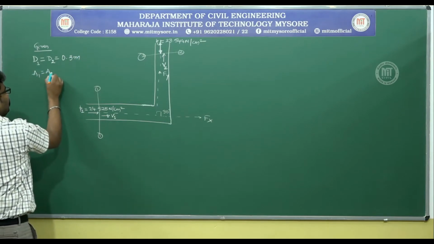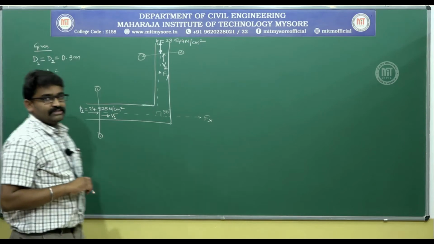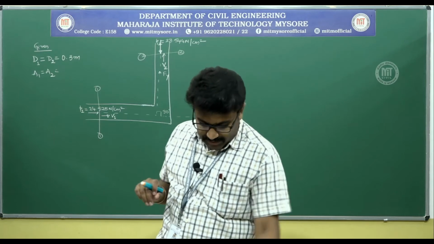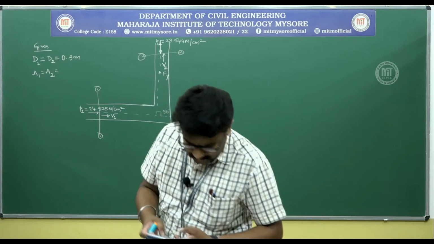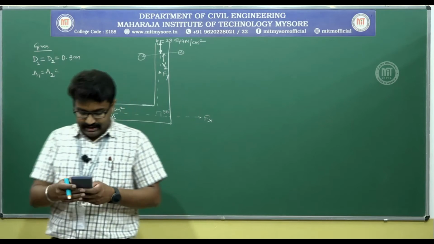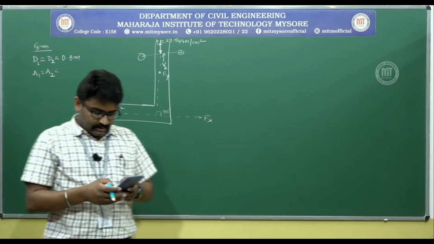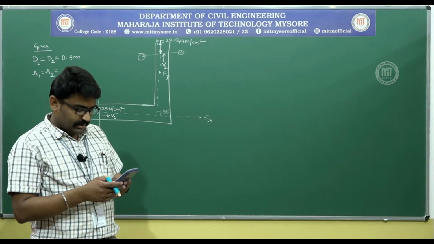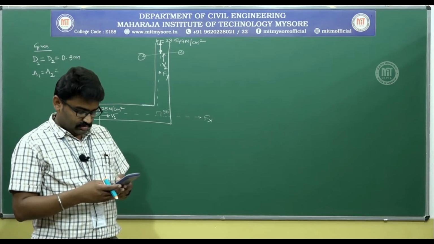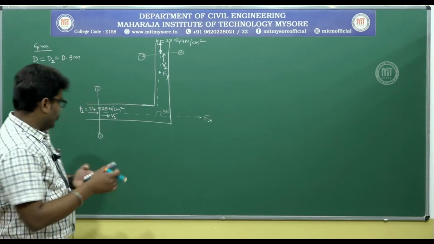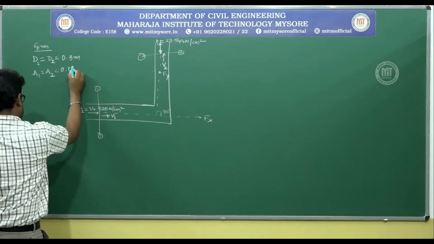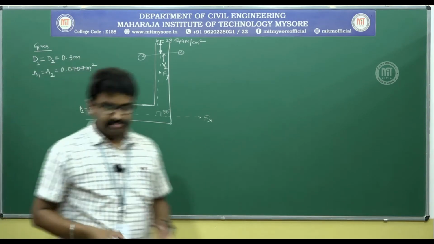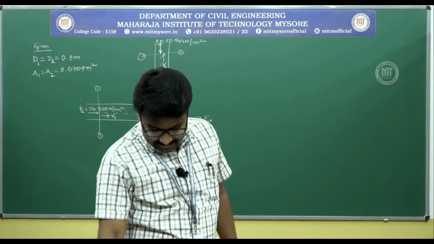Therefore, A1 is equal to A2 is equal to pi by 4 D square, that is pi by 4 into 0.3 whole square, which comes to be 0.0707 meter square, and then you have P1 and P2, which I have already shown in the diagram.